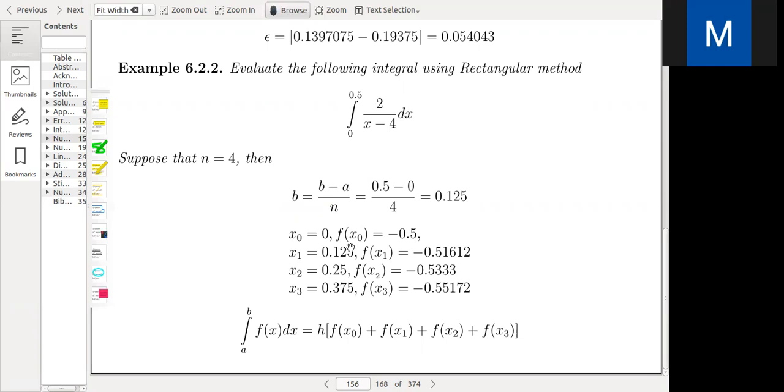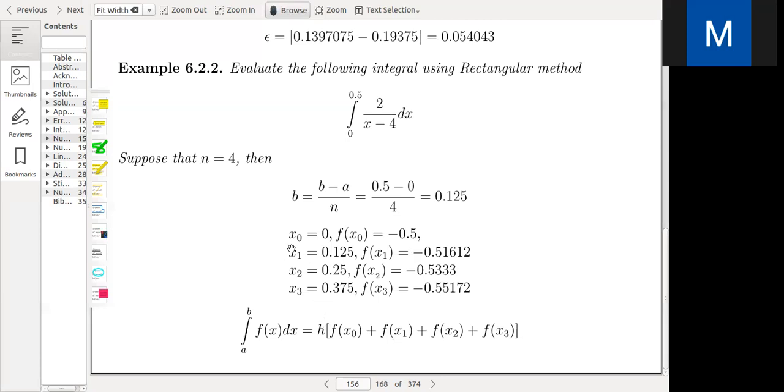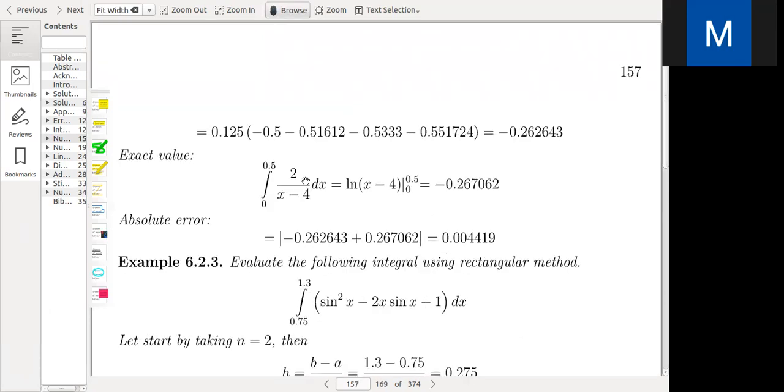This is the value of f of x at point x0, and point x1 is obtained by adding 0.125 to 0. Then adding 0.125 to x1, we will have x2, then x3. Now substituting the values in the formula, we get the answer equal to minus 0.262643. Here the error is very low.